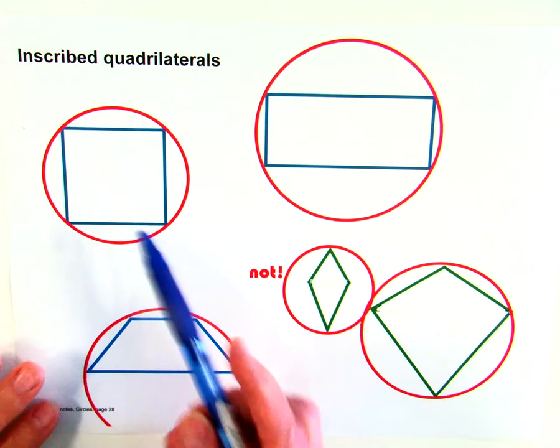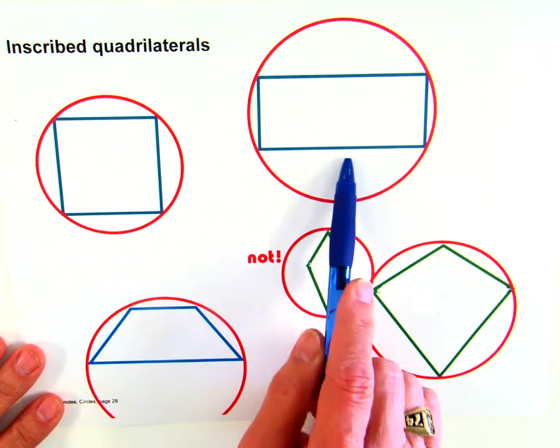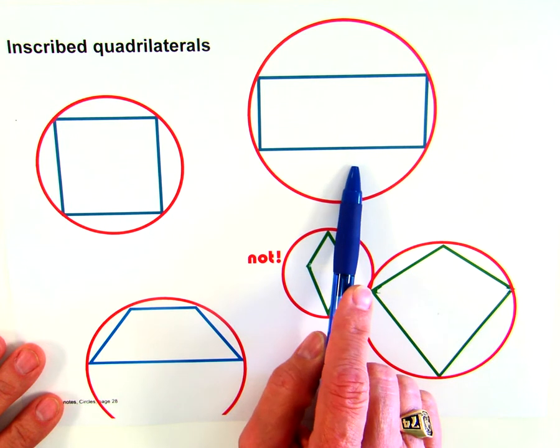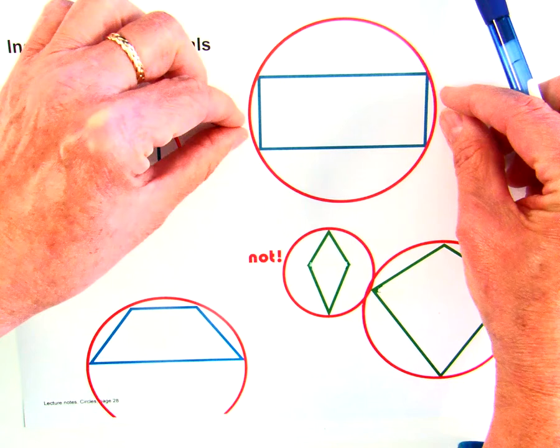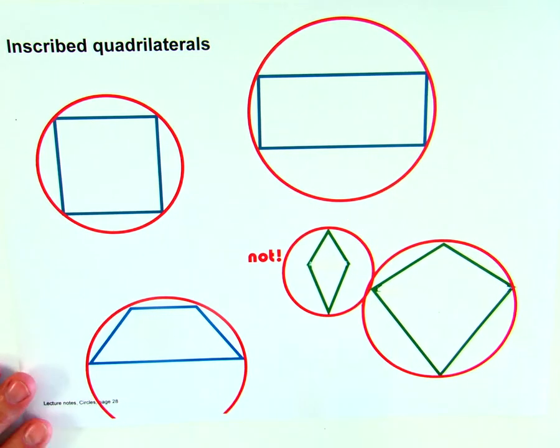A square is a regular polygon, so obviously it can be inscribed. A rectangle is not regular, but all rectangles can be inscribed. I think you can see as it gets skinnier, it would come into here. As it gets fatter, it would come up into here, and it would still be inscribable.